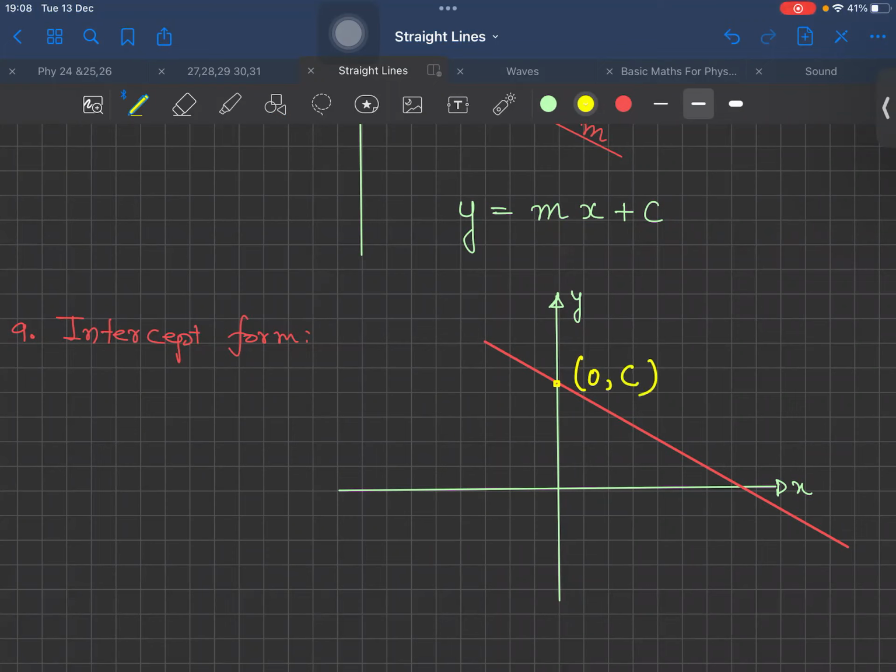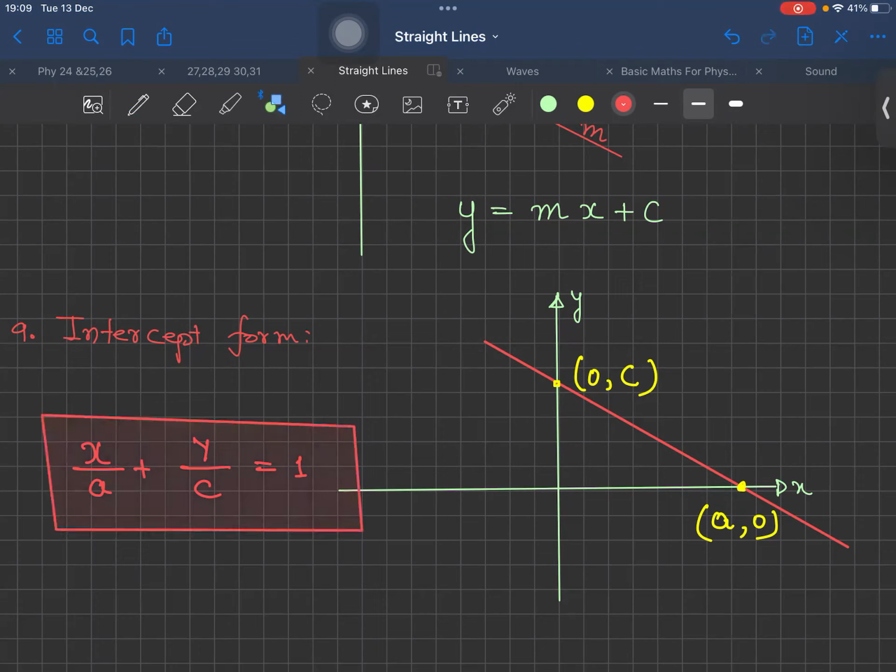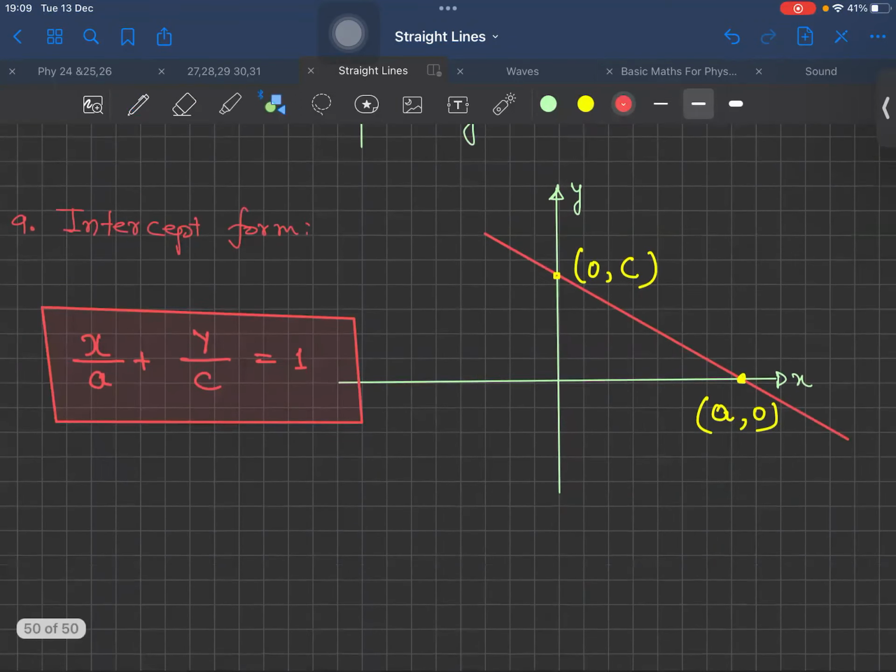Doesn't matter. So the equation in intercept form is x upon a plus y upon c equal to 1. Usually the notation b is used here just for alphabetical order a, b, c, but you can write c, doesn't matter. It just means wherever it intersects the y-axis. So this is your intercept form.